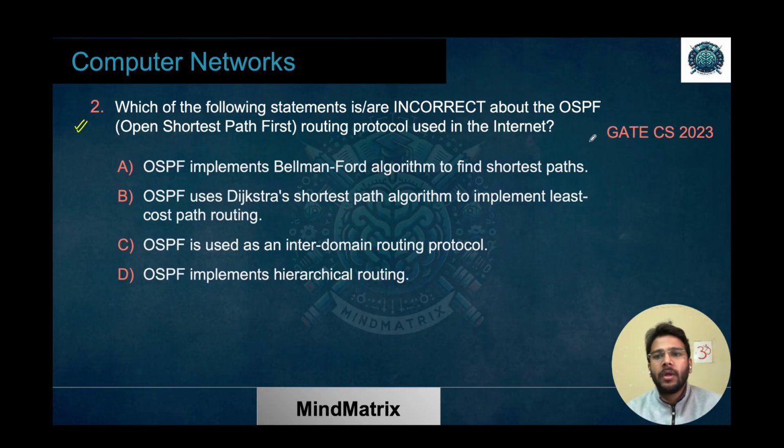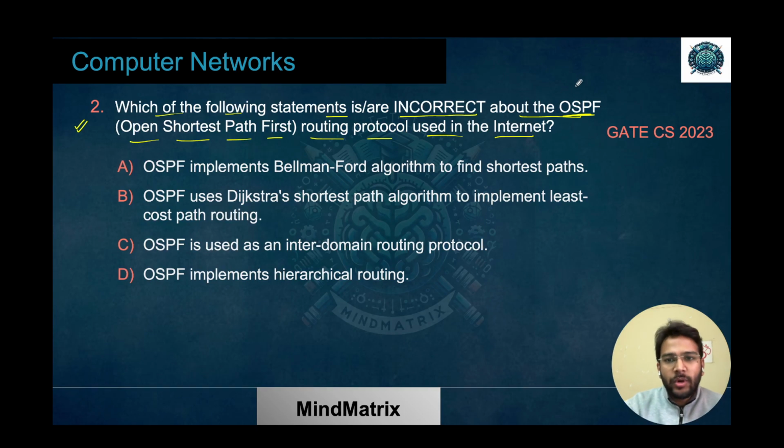Question number 2, that is from GATE CS 2023. Which of the following statements is or are incorrect about OSPF, Open Shortest Path First routing protocol used in the internet? OSPF is the implementation of LSR, that is link state routing protocol.